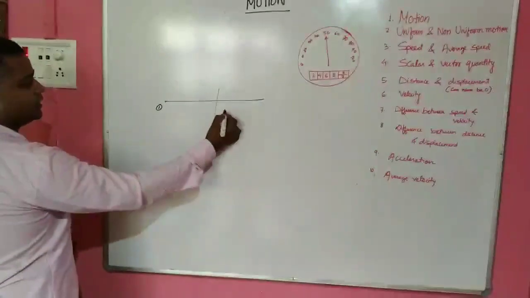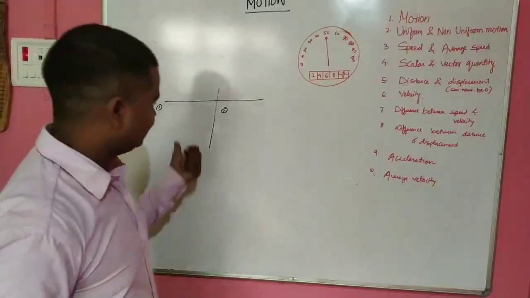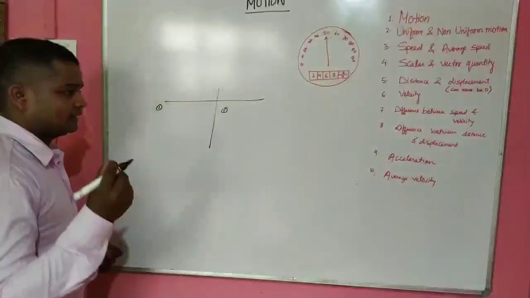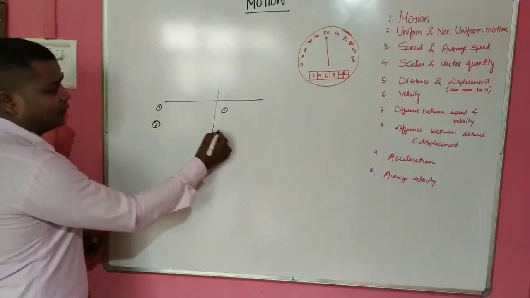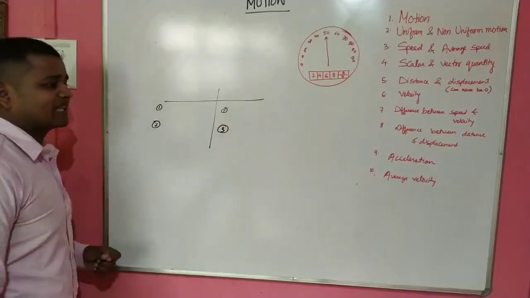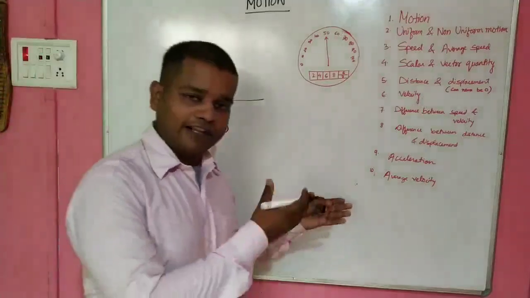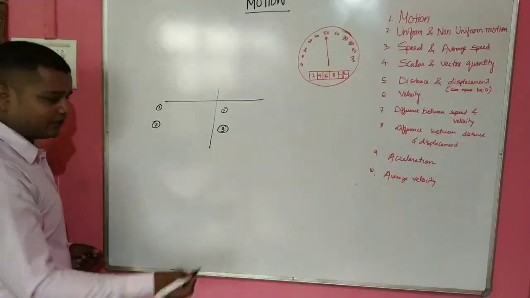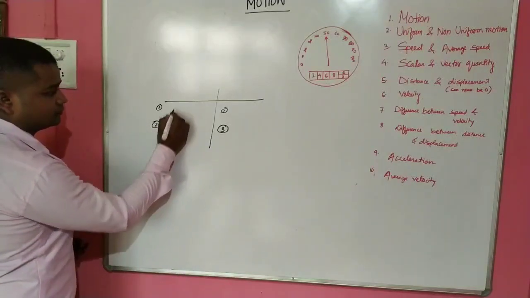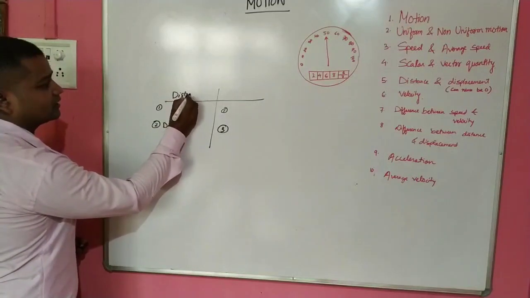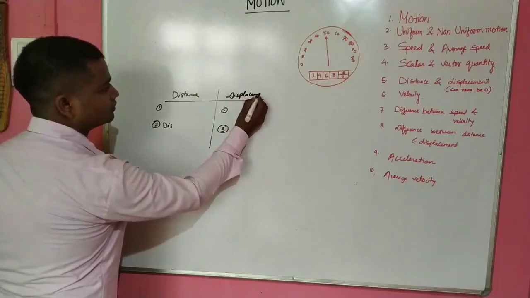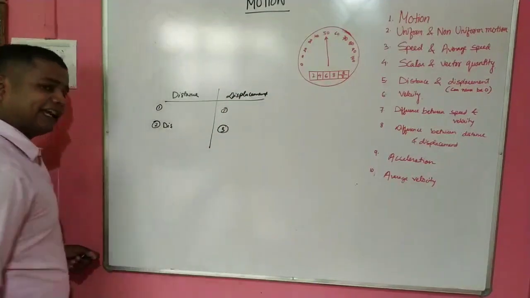So in the first point you can write the definition of distance and displacement, which we have already discussed. In the second point, we have already taken two examples, and we have also said that distance can never be zero, but displacement can be zero.